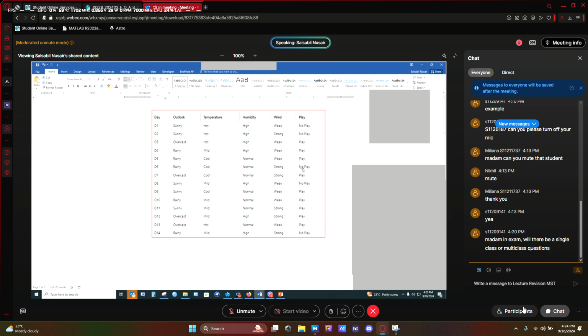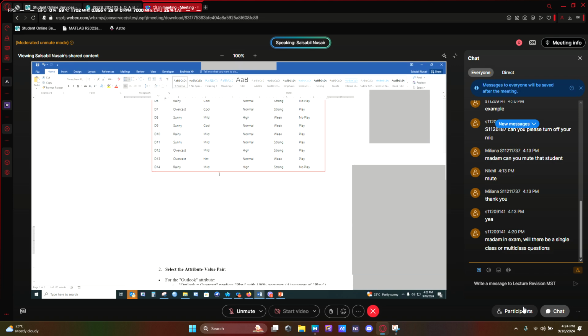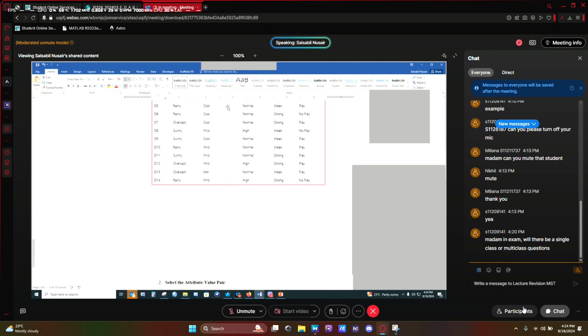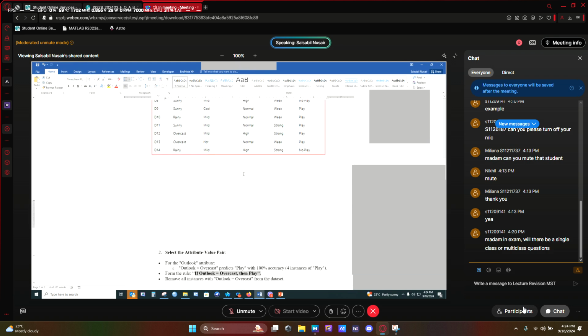That's 9 play, but out of these 9 play, we have different values for different predictors. Remember that. In total, I have 9 play and 14 records. So 9 is play, and of course 5 is non-play in this case. But I'm not focusing on non-play at all. I am focusing on generating rules. That's what we are after. We want to know, from a structured table, how do we go about creating rules?